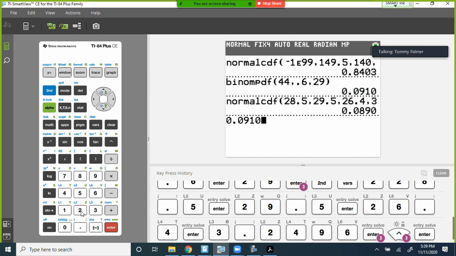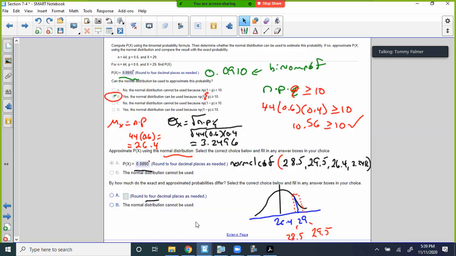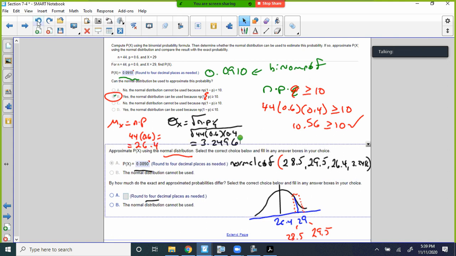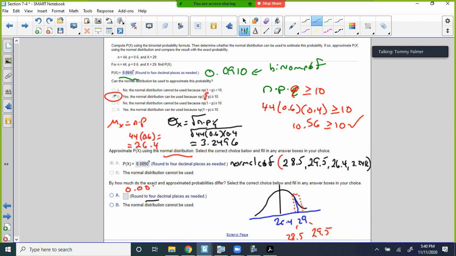That brings the 0.09, minus, and if I go to the answer, the second one, I see that I have a 2,000ths difference, 0.0020, rounded to 4 decimal places.